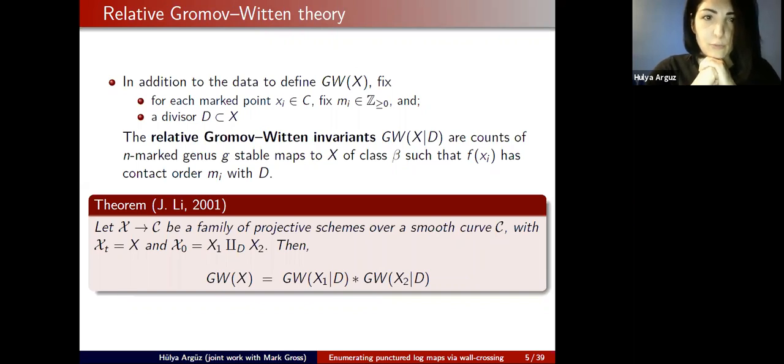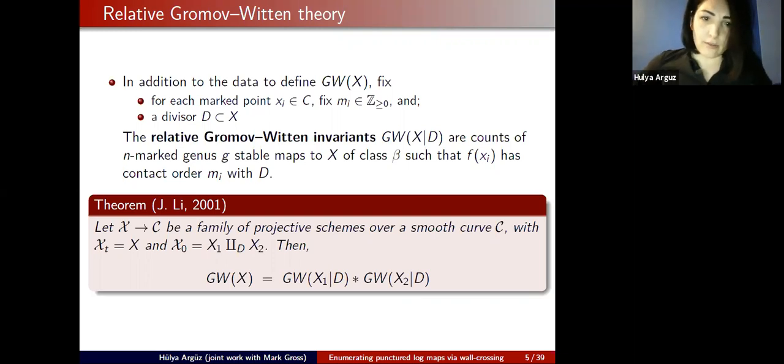So in relative Gromov-Witten theory, in addition to the data to define Gromov-Witten invariants of X, for each marked point we fix a non-negative integer m_i, and a divisor D in X, and we define the relative Gromov-Witten invariants as counts of stable maps of class β, genus g, such that they intersect the divisor D with contact order m_i at the i-th marked point.